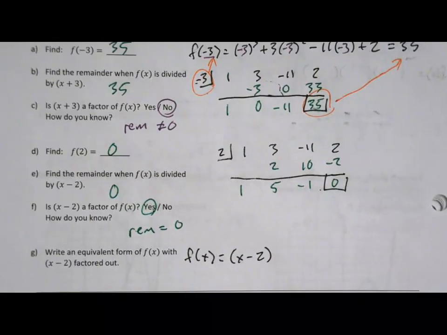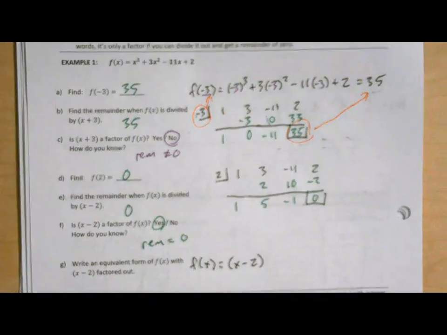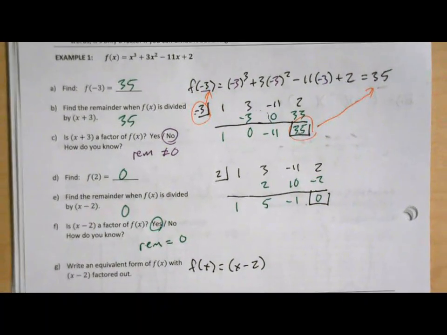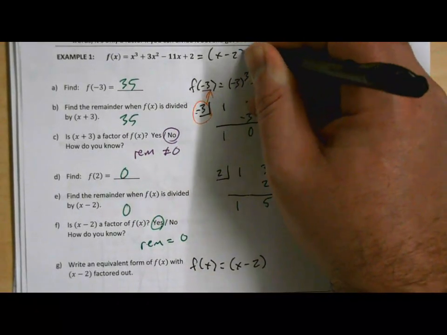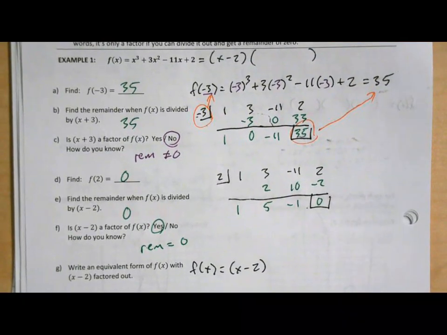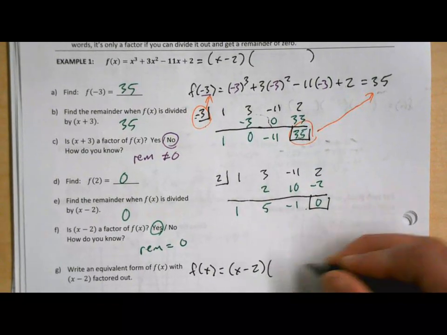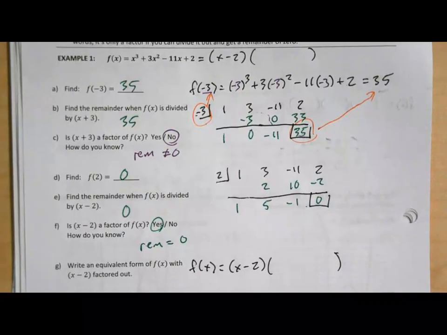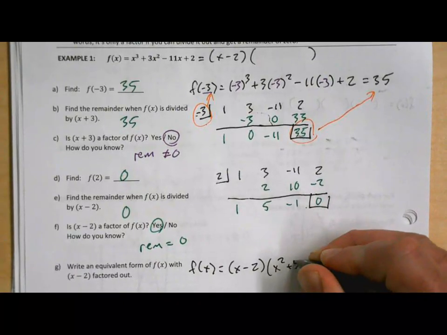If I take my original function, let me zoom out so I can see it, and factor that x minus 2 out, what would be the remaining factor that would still be in there? What is my remaining factor? You're right. It is x squared plus 5x minus 1.